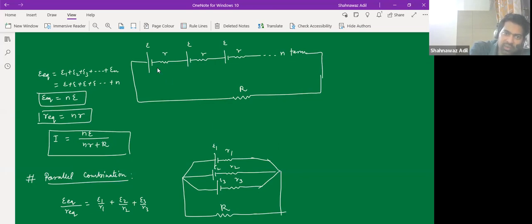Whenever we combine alternatingly, that is the series combination. So this is an example of series combination with equal internal resistance and equal EMF. All these n cells have the same EMF and the same internal resistance. Then what will happen to the equivalent EMF, R equivalent and current?